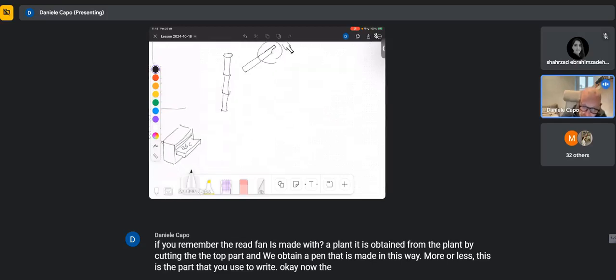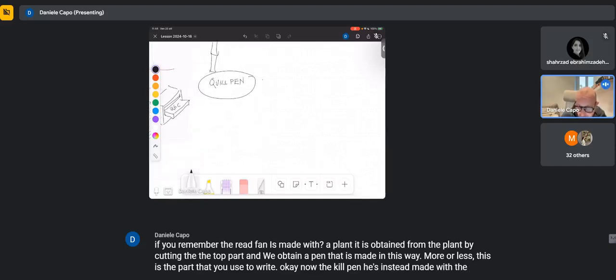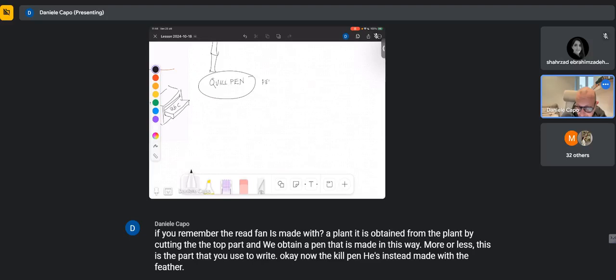Now the quill pen is instead made with a feather of a bird, typically a goose.